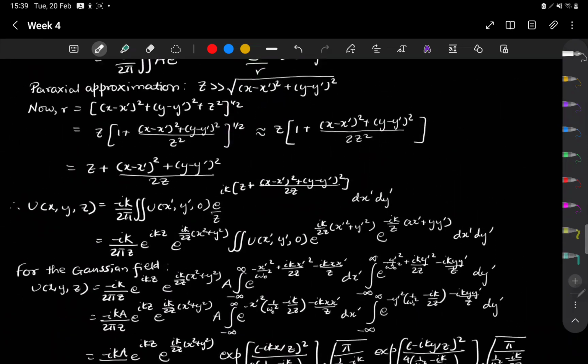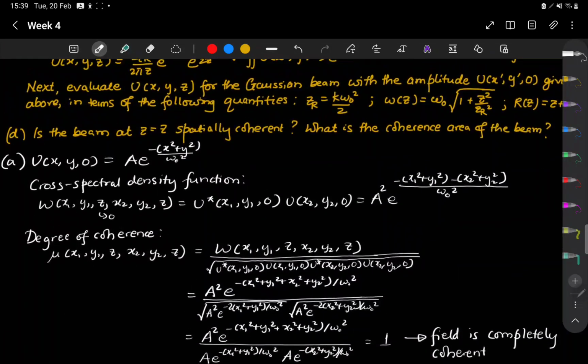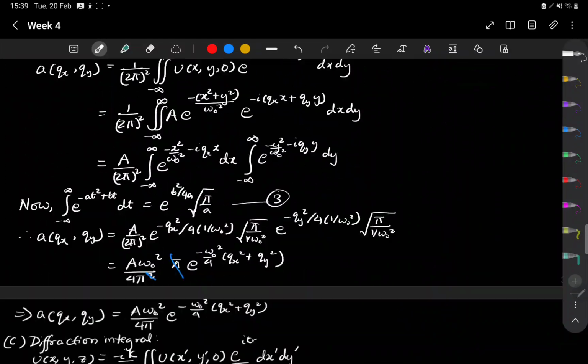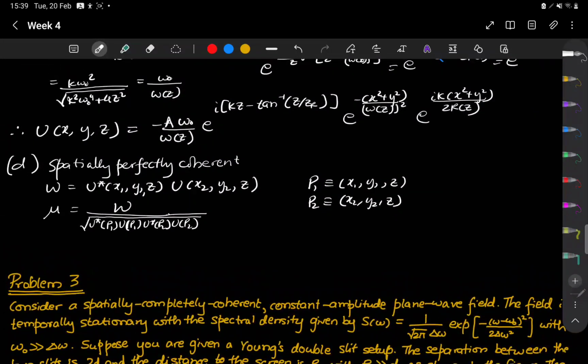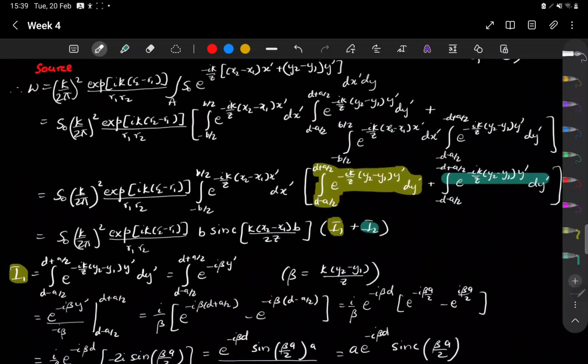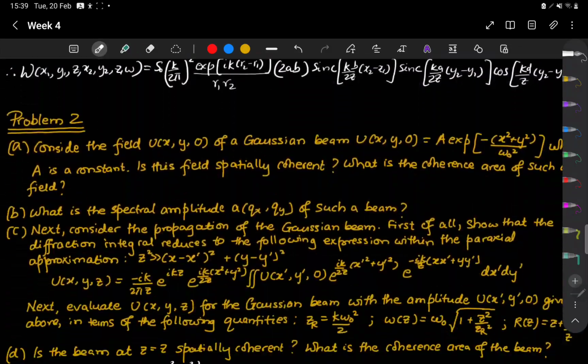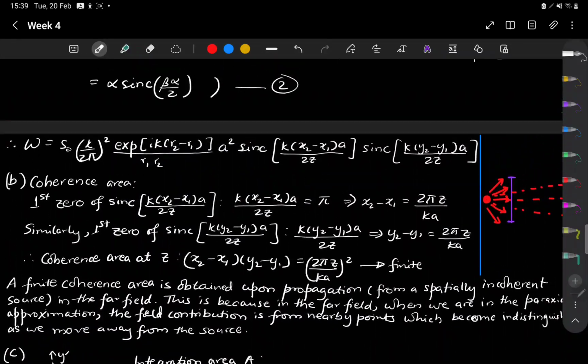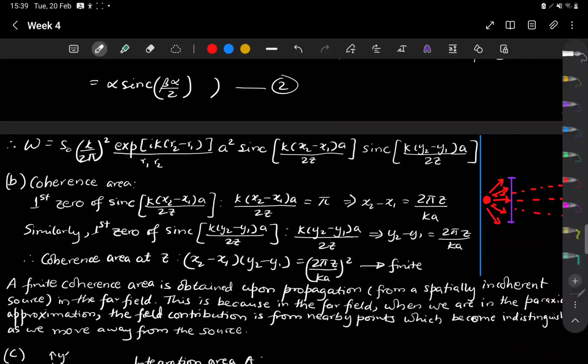And also, we saw that the field was spatially perfectly coherent to start with. At z equal to 0, mu was equal to 1. And we know from Van Cittert-Zernike, we saw in the previous problem, that if we start with a spatially incoherent source, like zero coherence at the source, it tends to pick up finite coherence upon propagation.